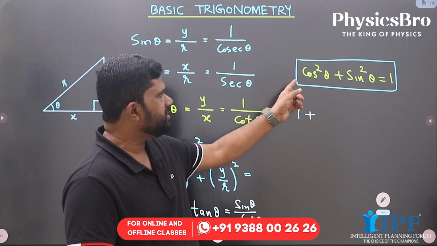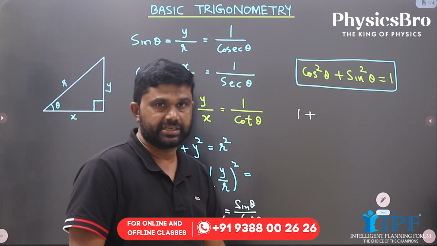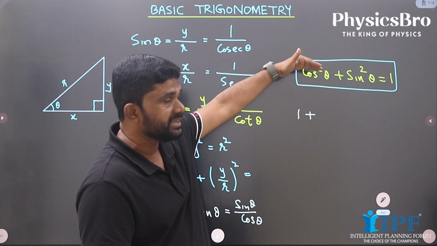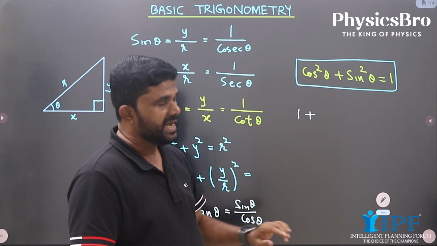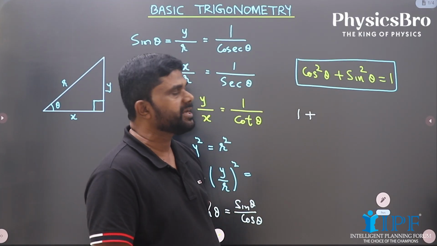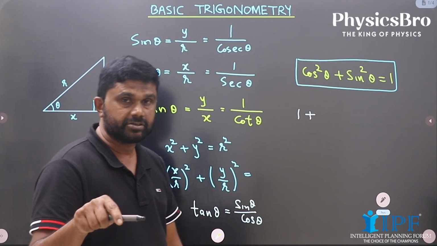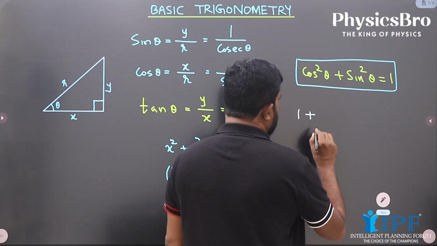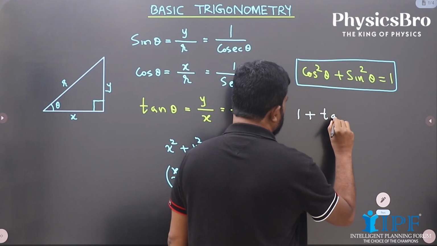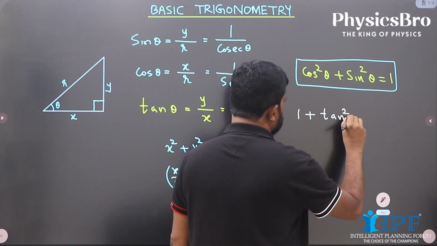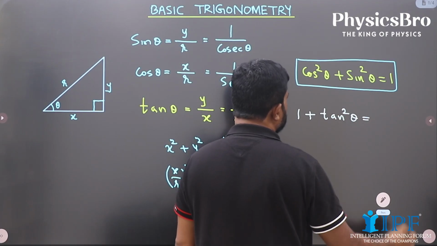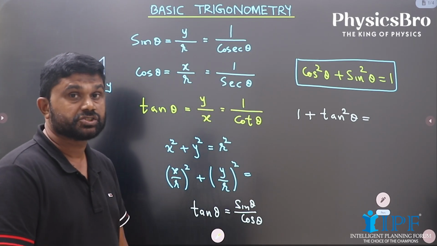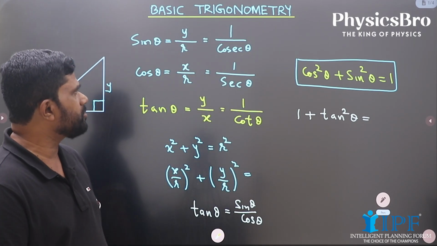So, if you divide this equation throughout by cos square theta, the first term will be cos square theta by cos square theta, that is 1. And the second term will be sin square theta by cos square theta. Sin theta by cos theta is tan theta, so sin square theta by cos square theta will be tan square theta. So, 1 plus tan square theta is equal to 1 by cos square theta. What is 1 by cos theta?